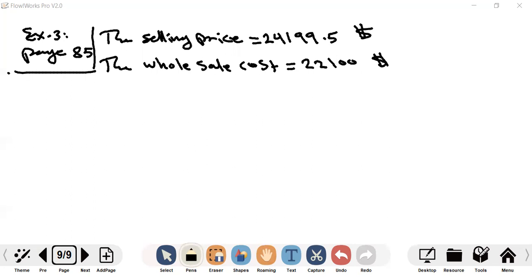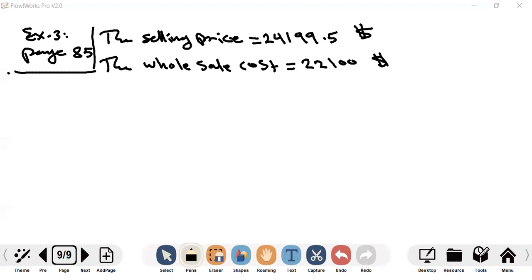The markup money, the profit, right? So if you subtract them, it will be $2,099.5. This $2,099.5 is the markup money, the profit. Got it? So I have the markup money. I need to find the percent of this markup money.